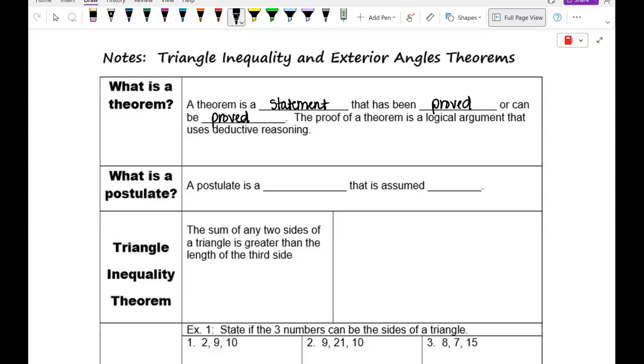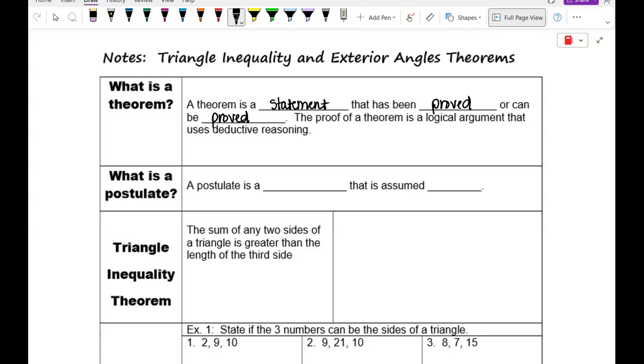The proof of a theorem is a logical argument that uses deductive reasoning. Deductive reasoning is where you use what you know to make educated guesses about things.